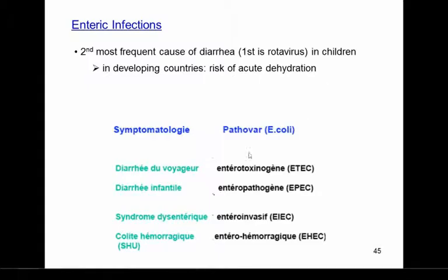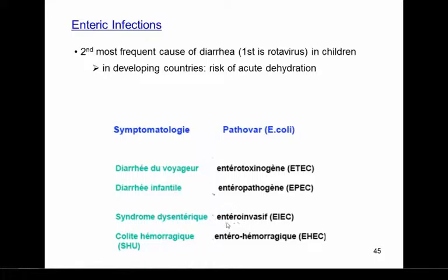Now, depending on the type of the pathovar, you have different types of pathology. And that's what we're going to try and understand here. Enterotoxigenic E. coli cause childhood diarrhea and traveler's diarrhea. Oh no, enteropathogenic E. coli cause childhood diarrhea.